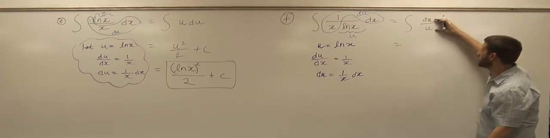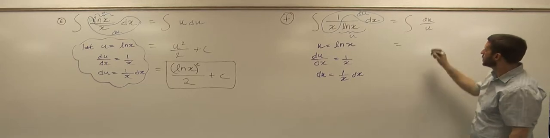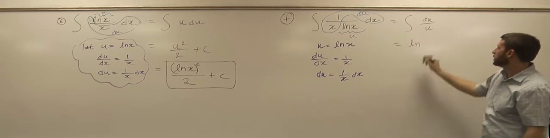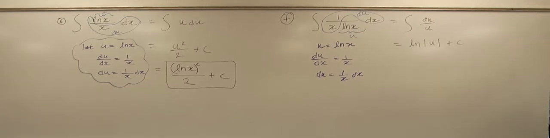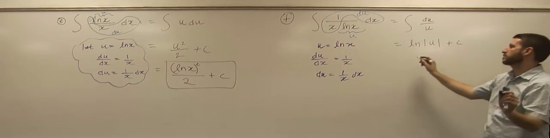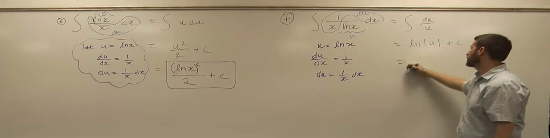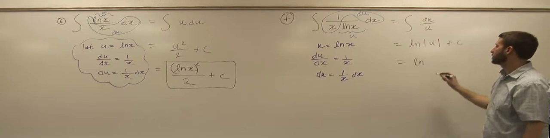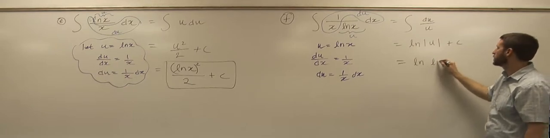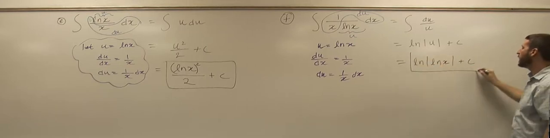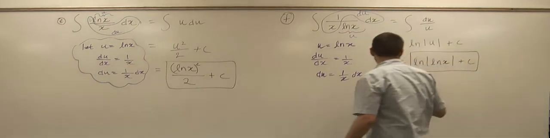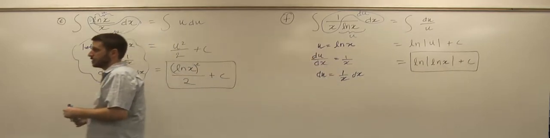And we know that when there's a u on the bottom, you get ln of the absolute value of u plus a constant. Plug back in your x's. ln x was u, so it's ln of the absolute value of ln x.